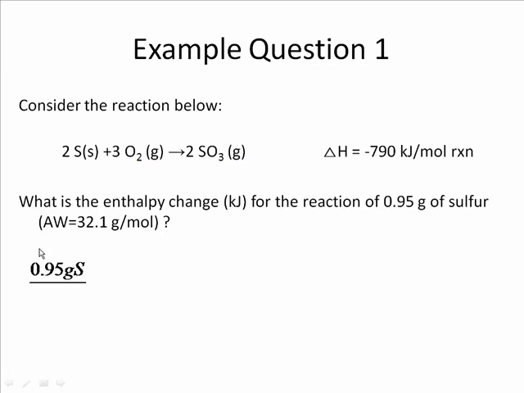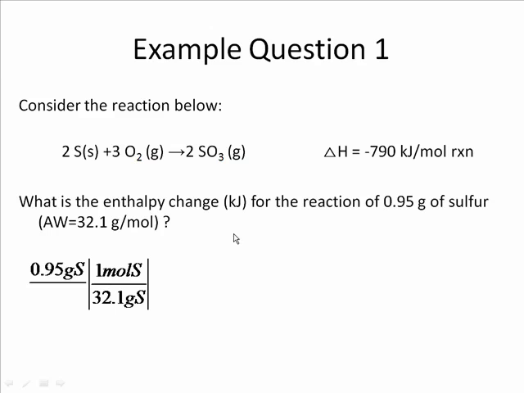So we can't have grams. We actually have to convert grams into moles. So to convert grams of sulfur into moles of sulfur, we use the handy dandy atomic weight for sulfur, which, turned into a conversion factor, allows us to cancel out grams of sulfur and convert that to moles of sulfur.